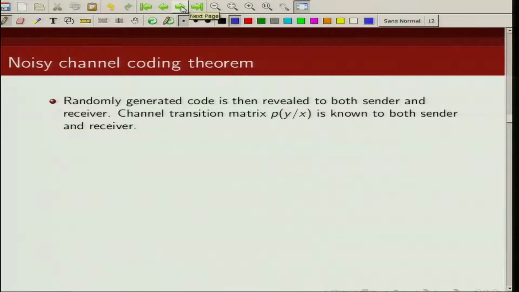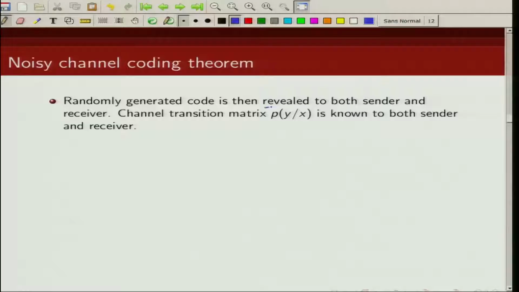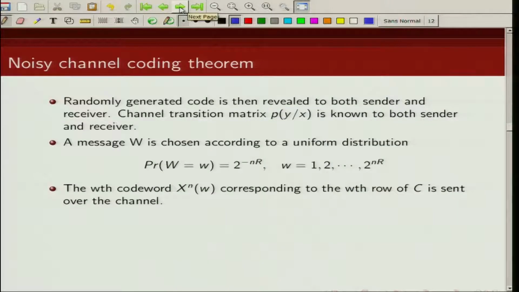Now once we randomly generate a code, we reveal this code to both the sender and the receiver. Now we assume the channel transition matrix probabilities are both known to the sender and receiver, and we choose a message W according to a uniform distribution.